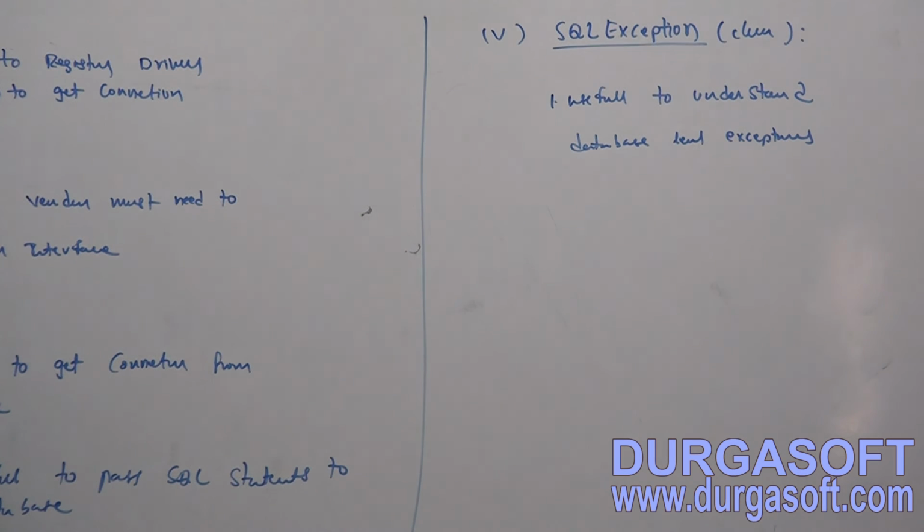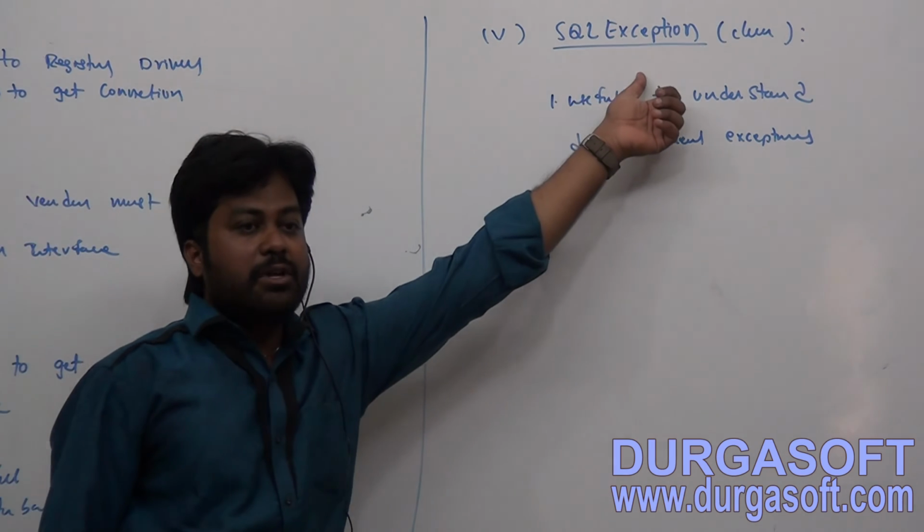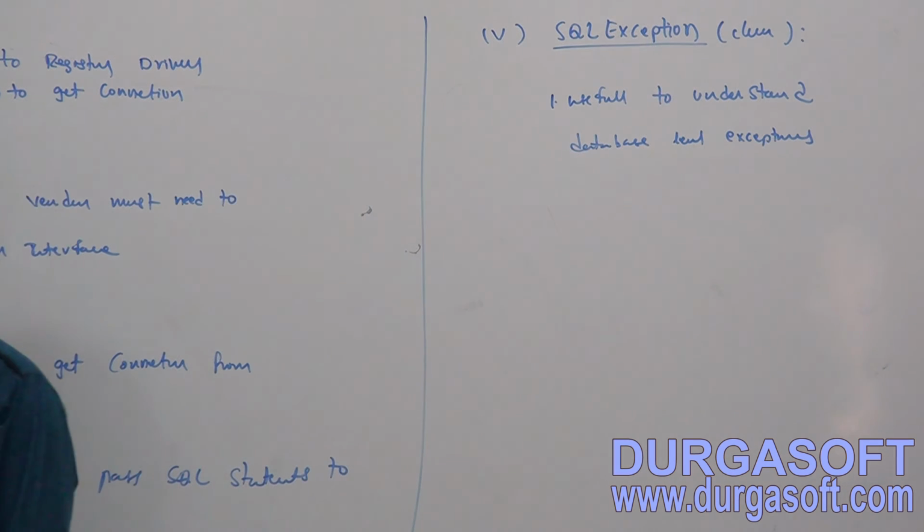If your database throws any exceptions because of your SQL queries while executing your SQL statements, if there is any issue in your SQL statements, the database always sends us an SQLException. By reading that SQLException, we can understand which kind of problem is arising inside the database.